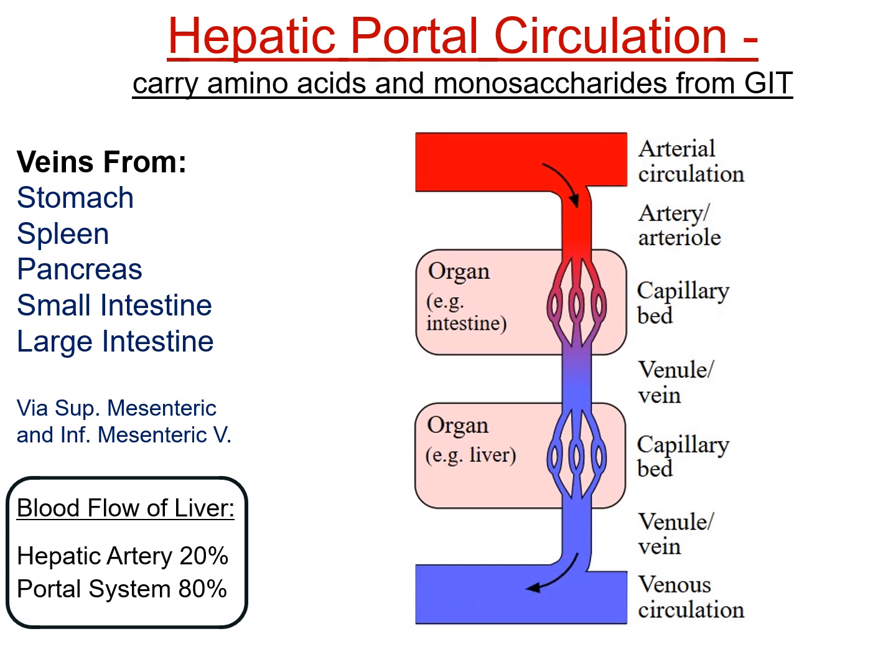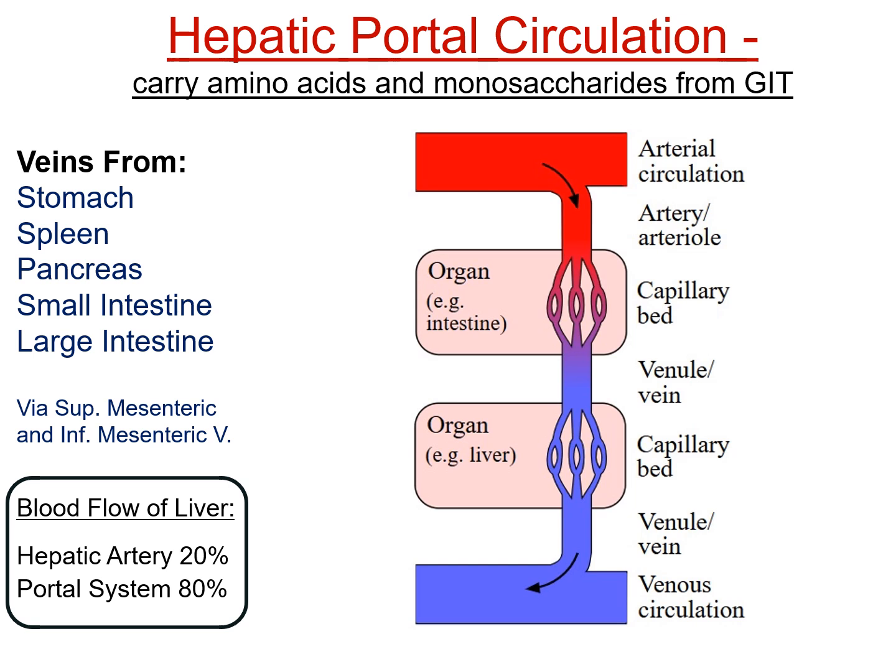And there are actually 3 dedicated portal systems that we know of in the human body. In this case, this is the hepatic portal system that is going from the digestive tract, the stomach, spleen, pancreas, small and large intestine, through these mesenteric arteries and veins. That's the portal system that goes to the liver, where the liver will begin screening out certain compounds. You can say it is a sort of detoxification.